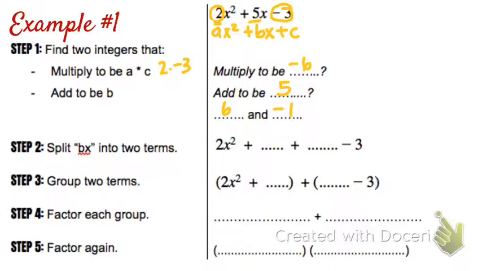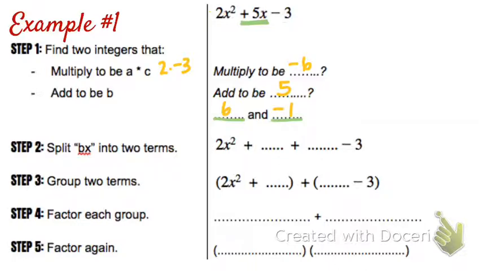So the whole idea of doing this is so that, because we can't factor this problem as it is, we want to divide up the 5x. So instead of 5x, this is telling me I can change it to 6x and -1x, and then I will be able to factor it more easily. So I have 6x and -1x.